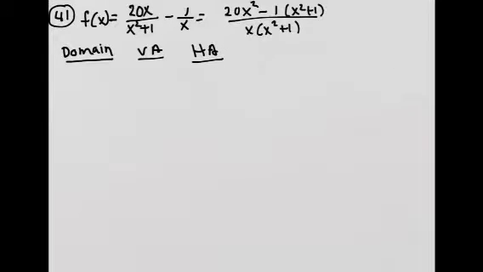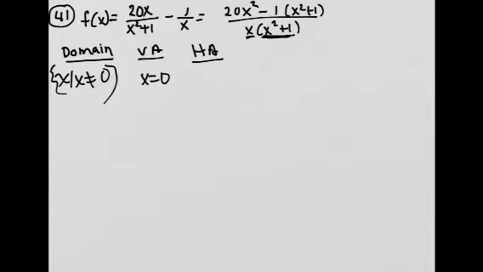Okay, so now we look at the denominator, and we see that x cannot be 0, because even though right here nothing makes this 0, I have this factor, right? So x cannot be 0. Nothing cancels in the numerator, there's no common factor, so the vertical asymptote is x equals 0.